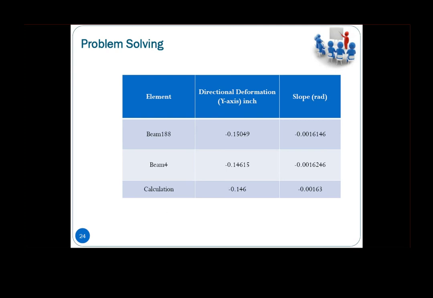In the case of short, when you talk about slenderness, a shorter length, probably you will see a significant difference between this beam 188, the Timoshenko beam model, and also the Euler-Bernoulli beam models.